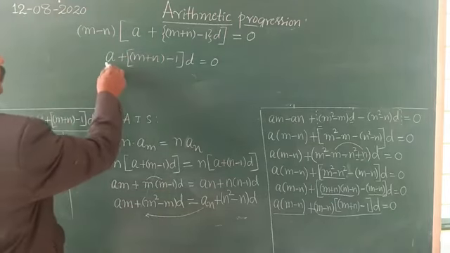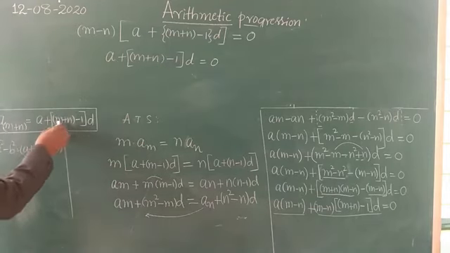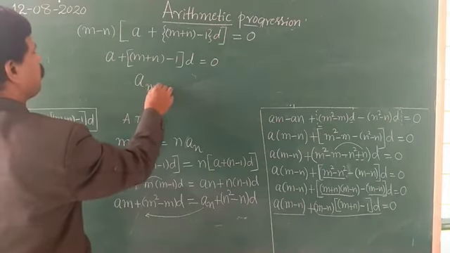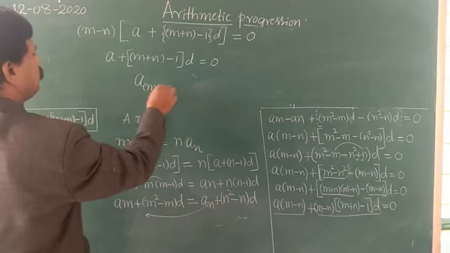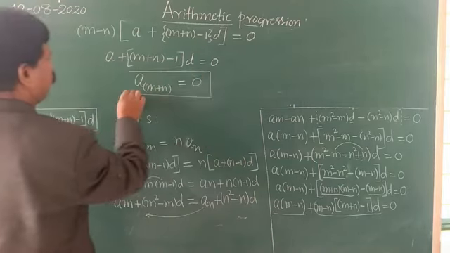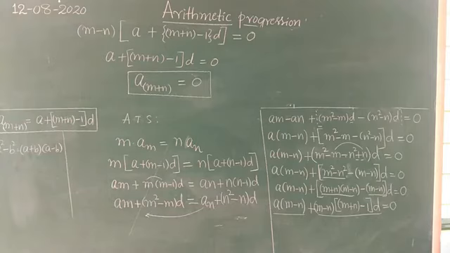Now look at this: a plus m plus n minus 1 into d is written as the m plus nth term, which is equal to 0. So this is how to solve the given problem.